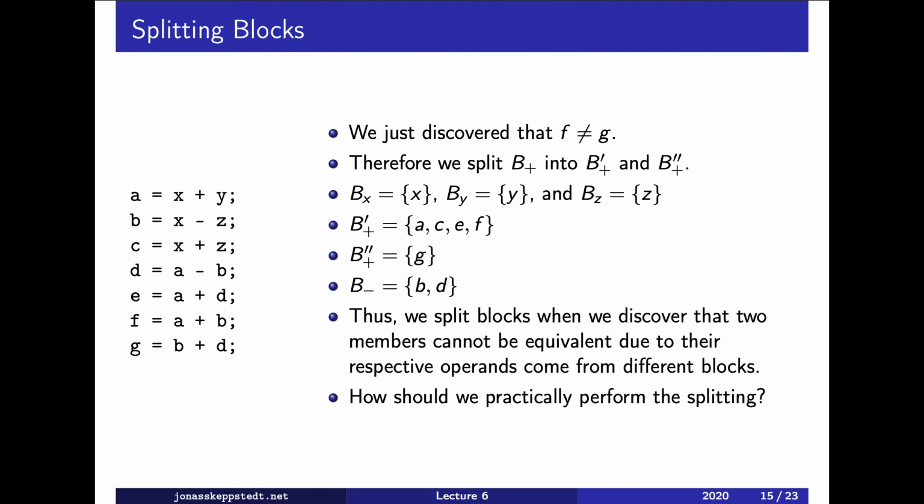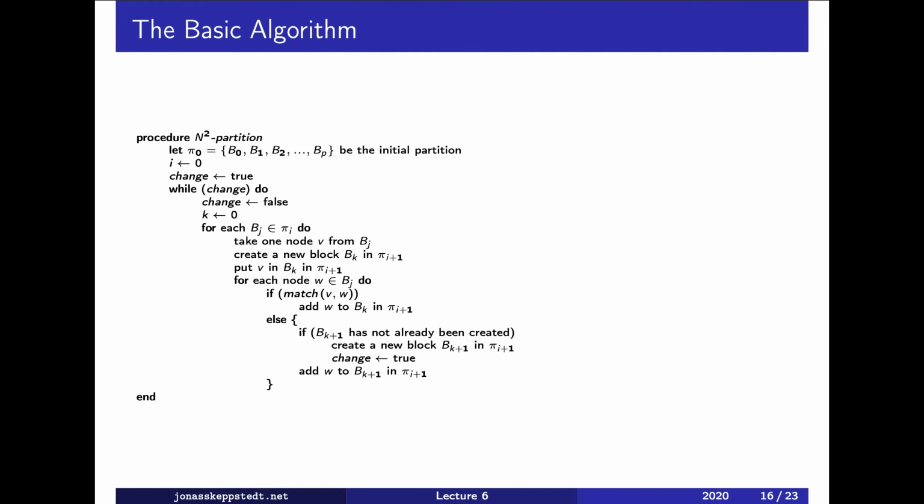So we do as follows. We take and create an initial partitioning, P0 or pi 0. These are the blocks, and then we say that we continue this until there is no change.